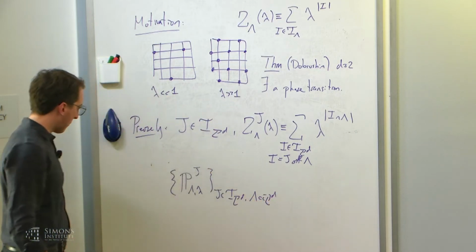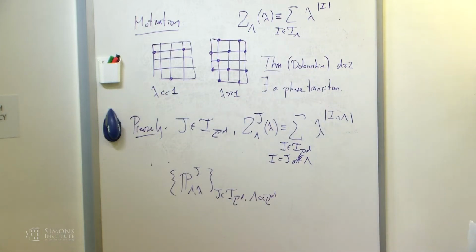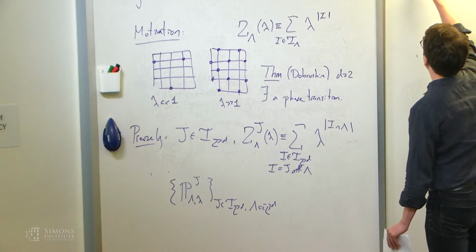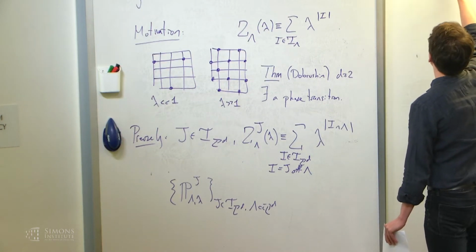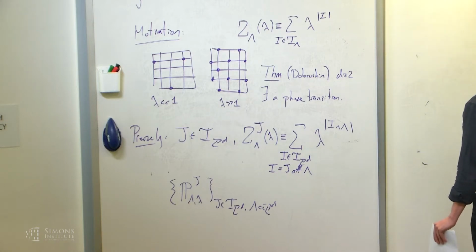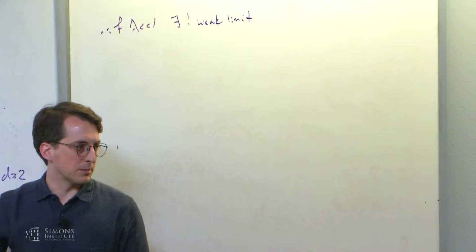The precise thing that Dobrushin proved is that if lambda is very small, there exists a unique weak limit of this set of probability measures.